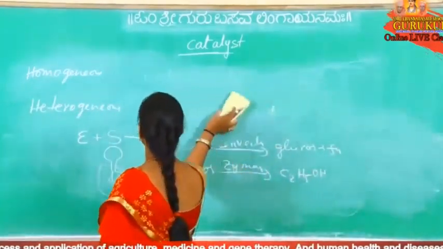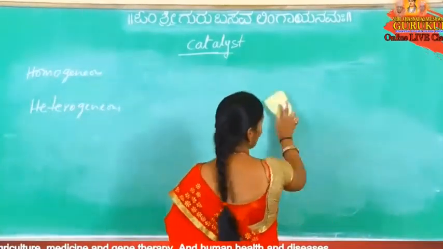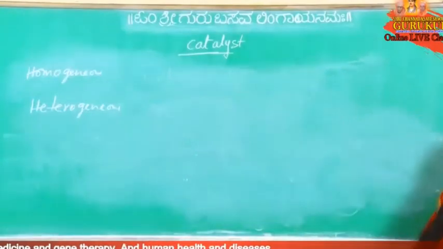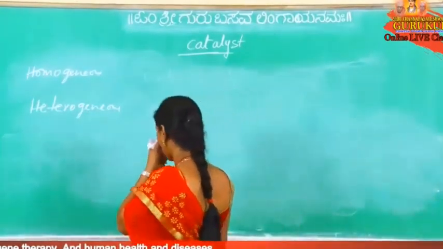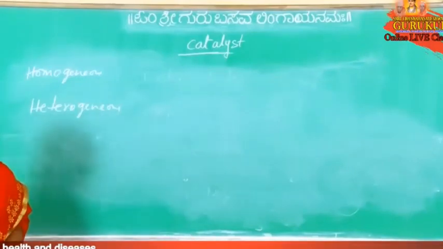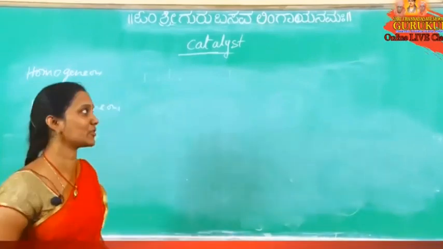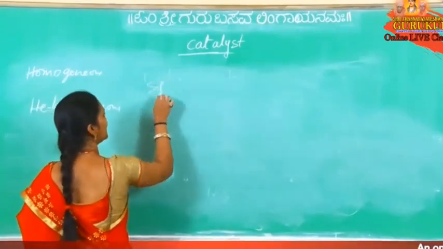What is this shape selective catalyst? Mostly remember this: in the first PU final exam a 1 mark question is given. Which one is used as catalyst to convert alcohol to, no, ZSM-5 is used in which reaction? Like this, a 1 mark question is given. That is a shape selective catalyst reaction.